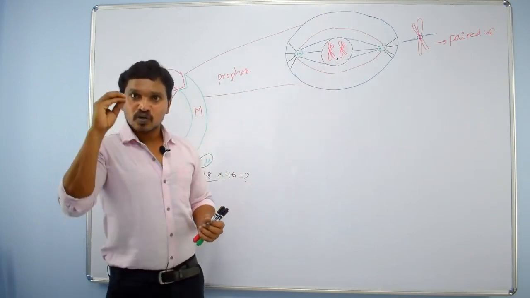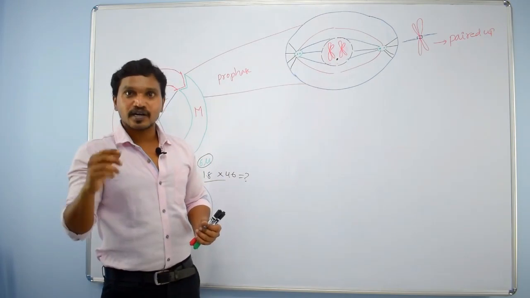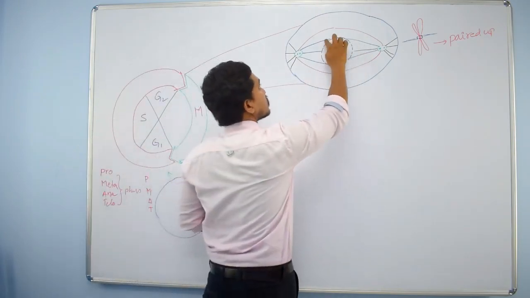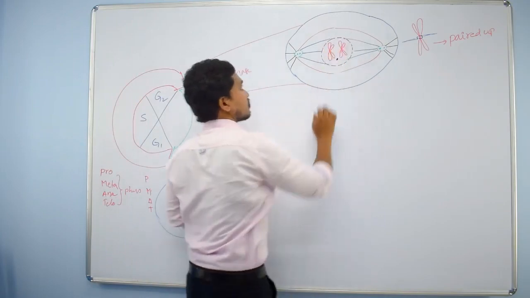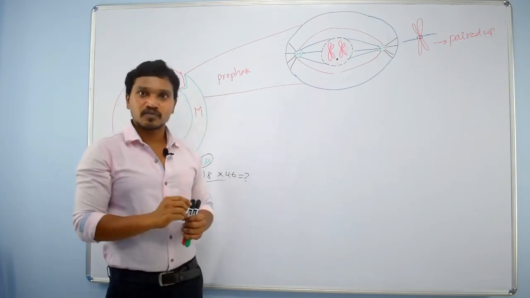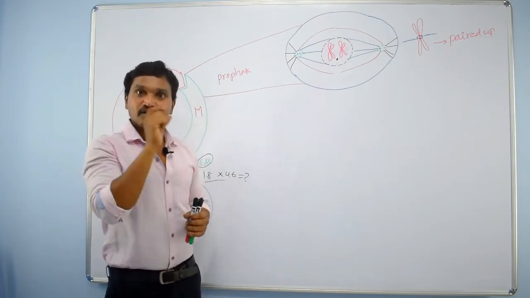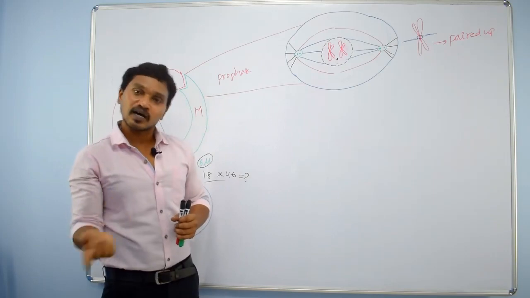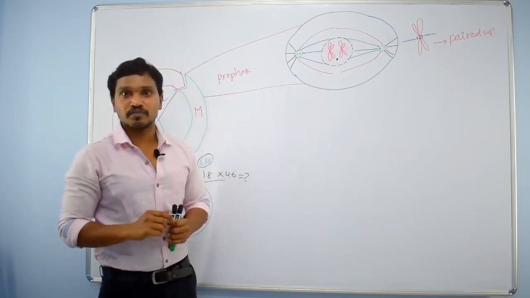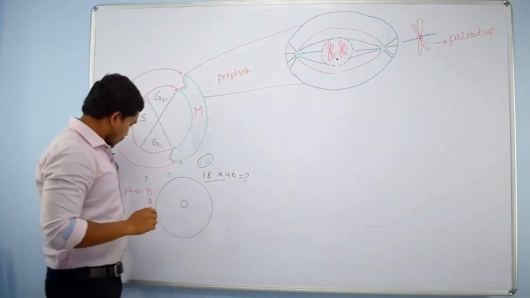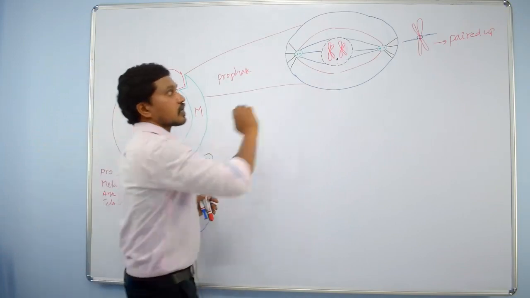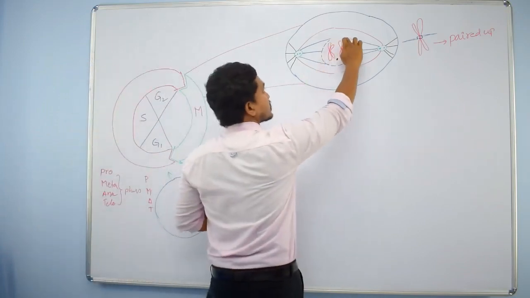Those lamins are phosphorylated and the nuclear envelope is fragmented into membrane vesicles, which remain within the cell. Why? These vesicles are helpful for the reappearance, that means reformation, of the nuclear envelope. I will tell you that in the last phase, telophase. Clear? So now the nuclear envelope disappears.